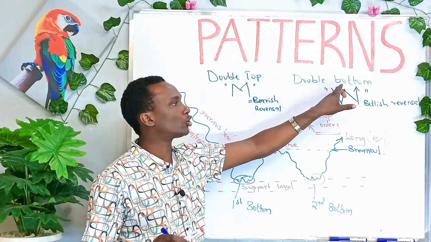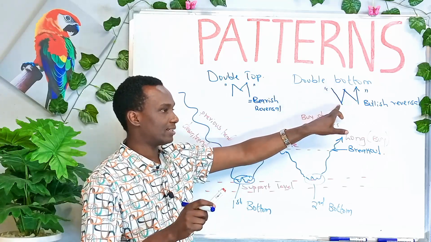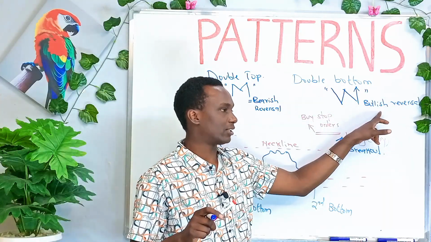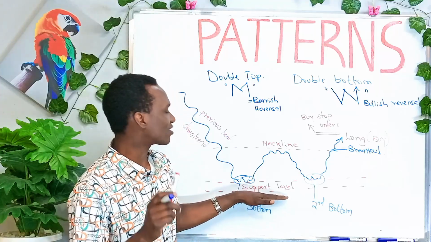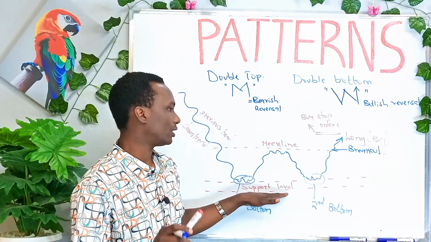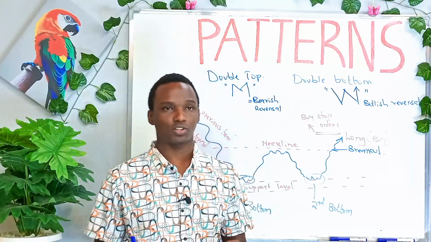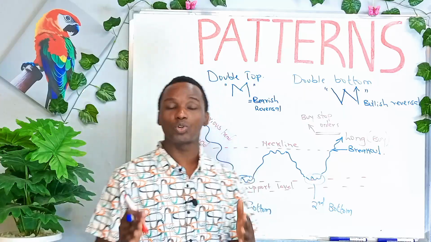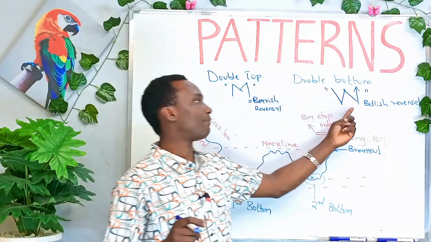Similarly, a double bottom or the W pattern is an extremely bullish reversal signal, but when it is not supported by a strong support level, it will tend to give you false signals most of the time.